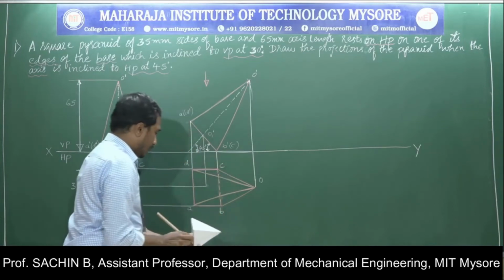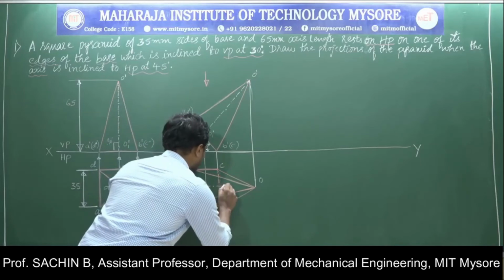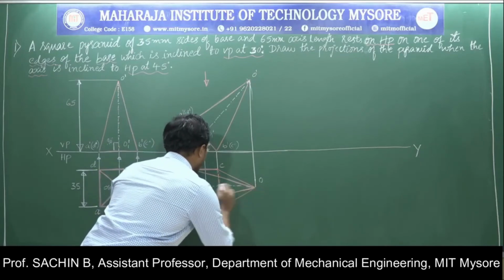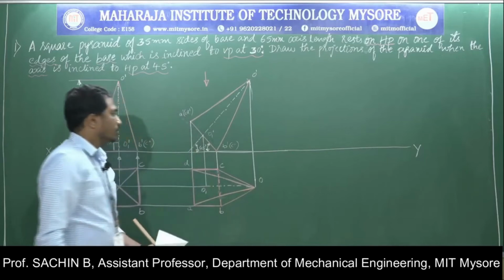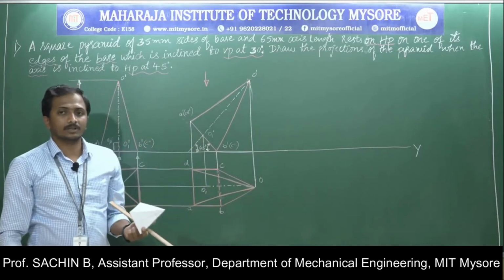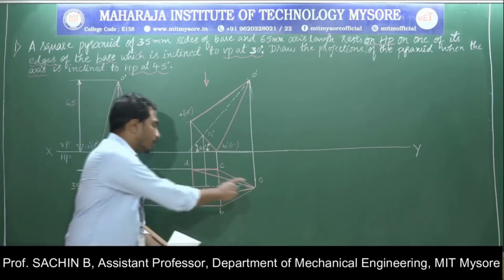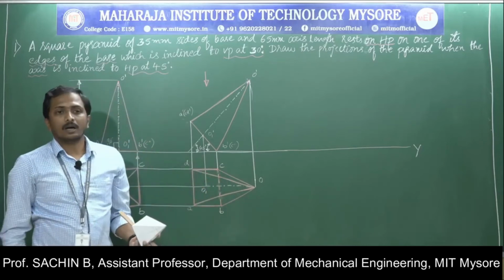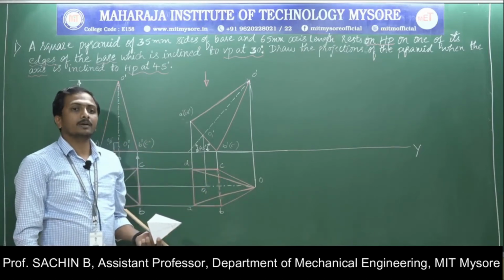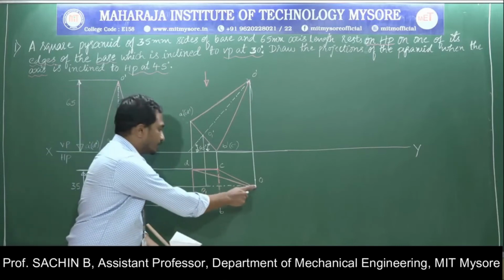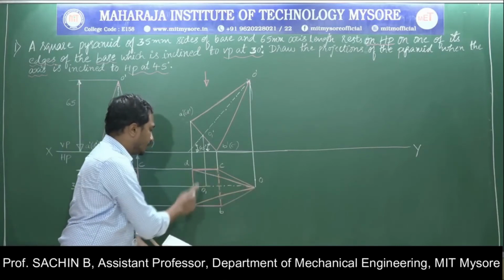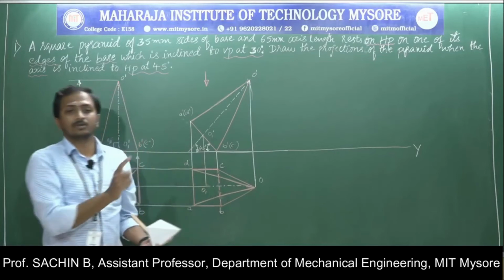And I'll go for drawing the axis line. This is O1. Now to check the visible and invisible edges, the first concept is that the outermost boundary edges are clearly visible. For me, O, C, D, A, B, O is the outermost edge.